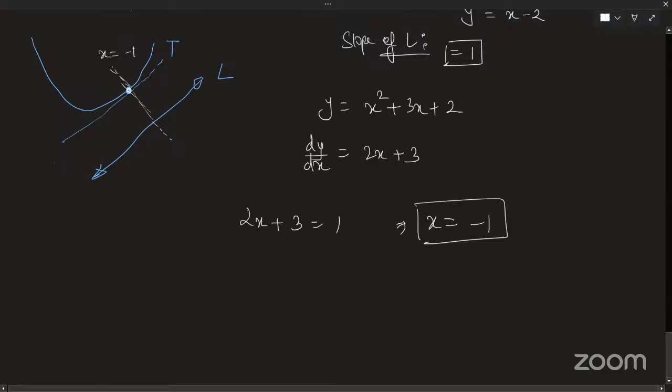So what will happen? If I draw a normal at this point, this normal will act as a normal to both of them. Because obviously the normal to any line is just a line that's perpendicular to that. So if x is -1, can you tell me the corresponding value of y?